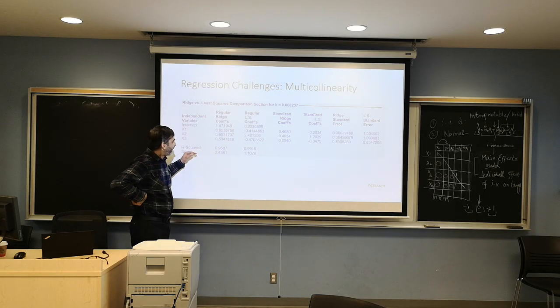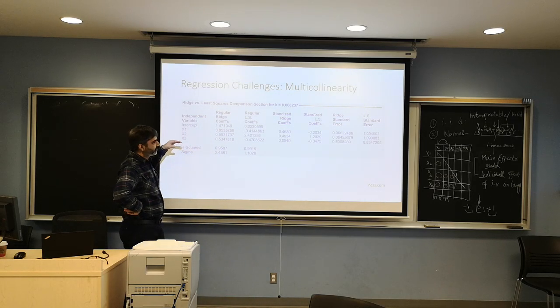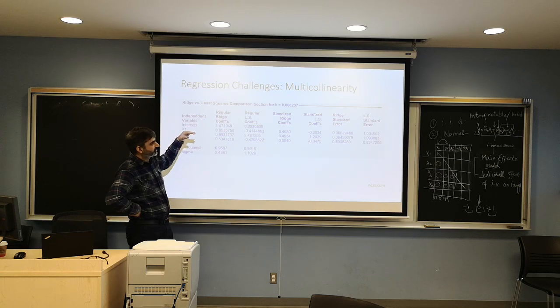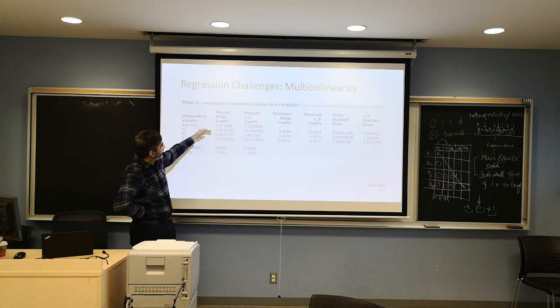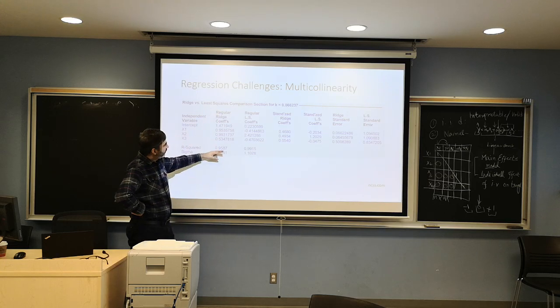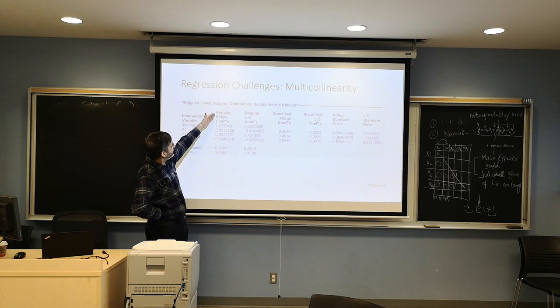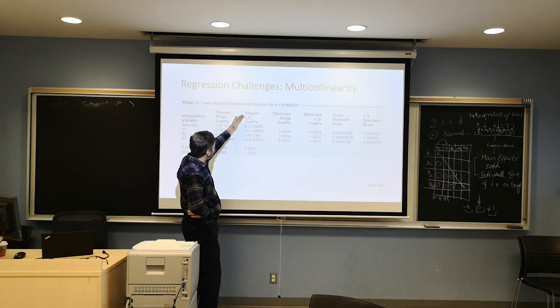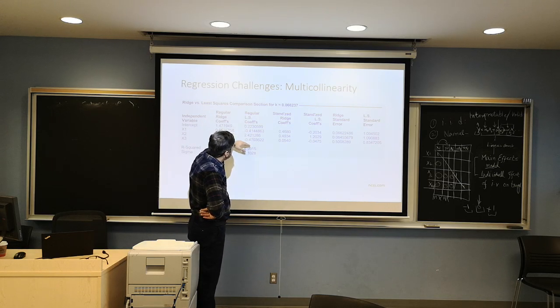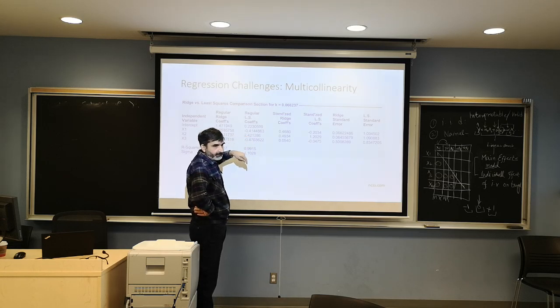The effect on R squared, if you remember, R squared is the contribution of this model in explaining the variation in Y. The regular least square regression will look like having 99% power to explain variance in Y, which looks very cool.